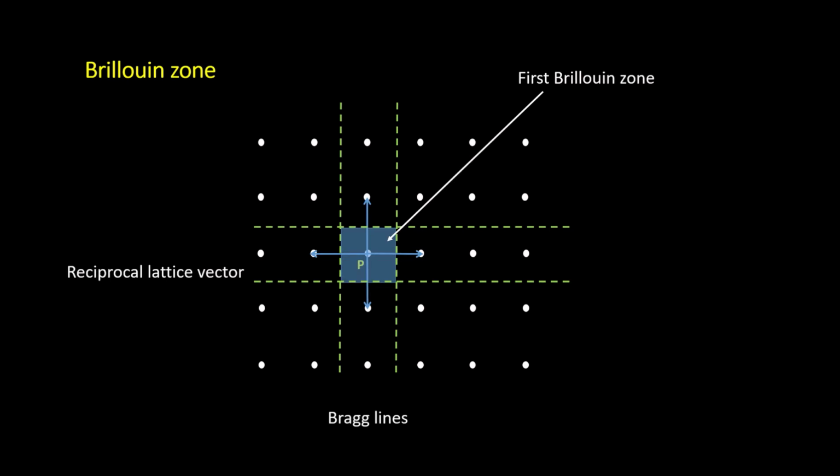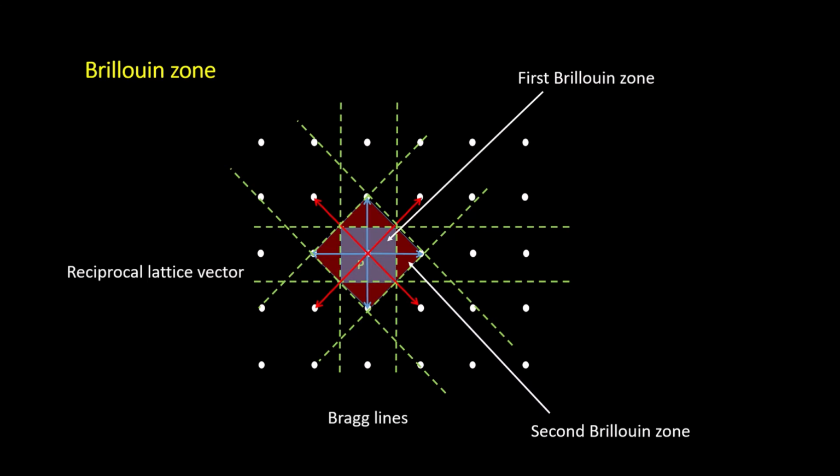So the first Brillouin zone encloses a region closer to the origin than to any other point in the reciprocal lattice. Now consider the next nearest neighbors and draw perpendicular bisectors to these vectors. The area enclosed by these Bragg lines, excluding the area of the first Brillouin zone, is called the second Brillouin zone.